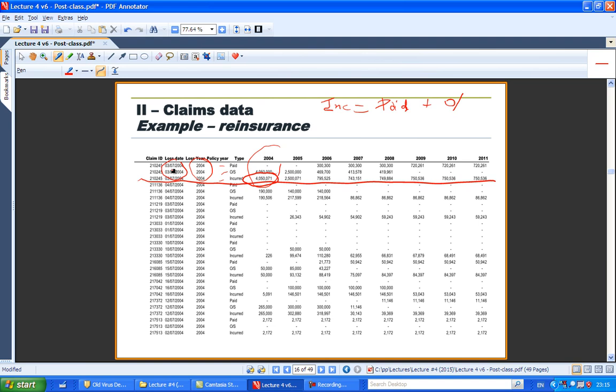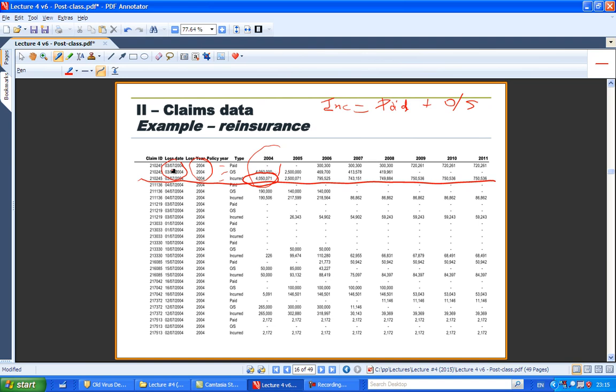But in this case you can see that the paid is 0, the outstanding is 4,050,000, and the incurred is 4,050,071 pounds, I think. And these 71 pounds are obviously an error, because this number should be exactly the same as the outstanding.